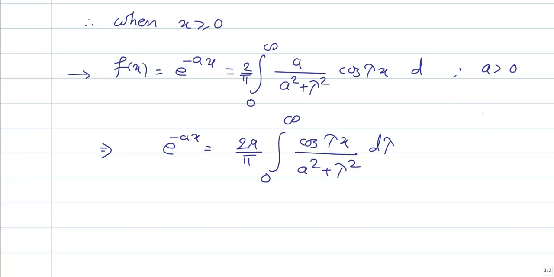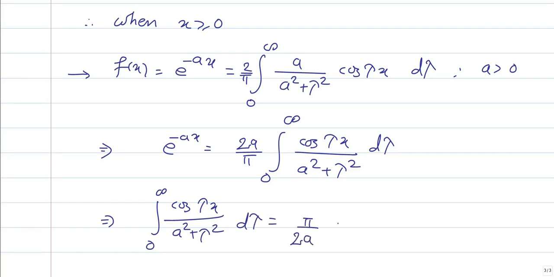So when you are solving examples of Fourier integrals and Fourier transforms, be very careful about the integration sign, with respect to which variable we are going to integrate. So now we are integrating with respect to lambda. So this implies the integral from 0 to infinity of cos of lambda x upon a square plus lambda square d lambda is equal to pi upon 2a e raised to minus ax for x greater than or equal to 0. So this is what we were supposed to prove.